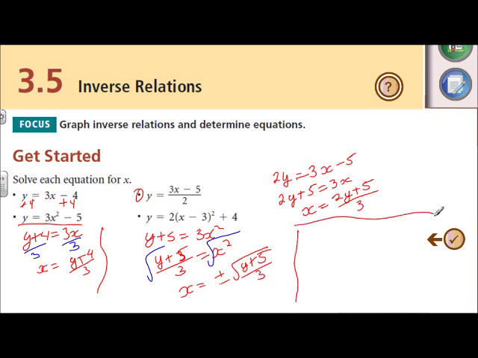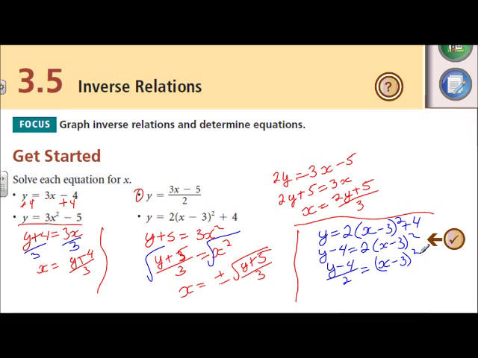And last one, ooh, getting trickier each time. I'm going to change color. We're getting too much one color on there. And first thing we're going to do is subtract this 4 over. So remember, algebra is a whole bunch of opposites. Instead of using BEDMAS, we're using SAMDEB. Okay, so we're going to subtract 4, so y minus 4 equals the 2 bracket x minus 3 squared. Now let's divide by the 2. (y minus 4) divided by 2 equals (x minus 3) squared.